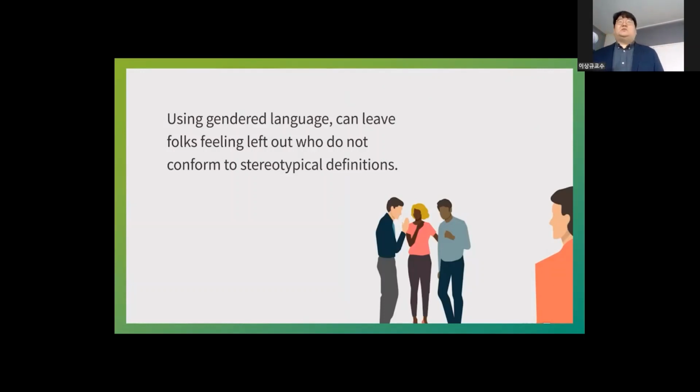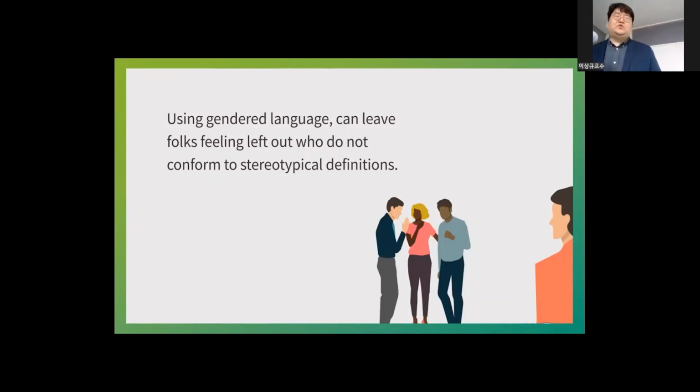And groups are often stereotyped on the basis of sex, gender identity, sexual orientation, race, ethnicity, nationality, age, socioeconomic status, disability, language, and so forth, right? Stereotypes are deeply embedded within social institutions and wider culture.